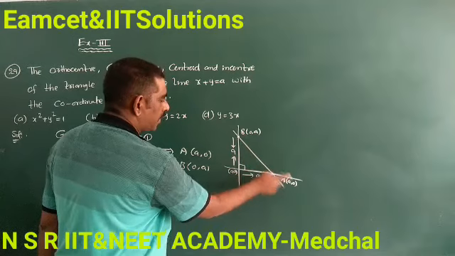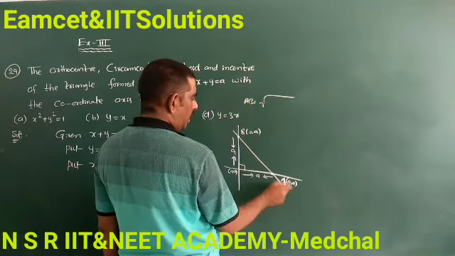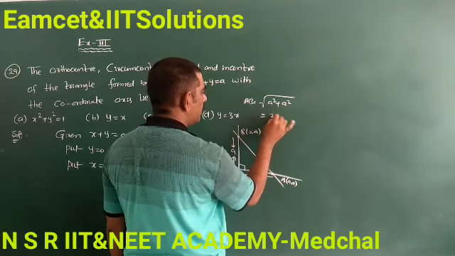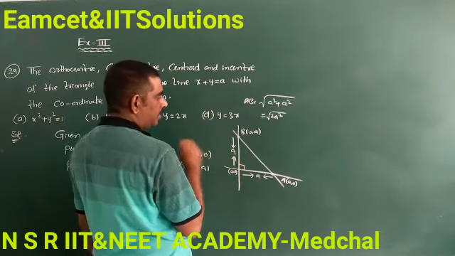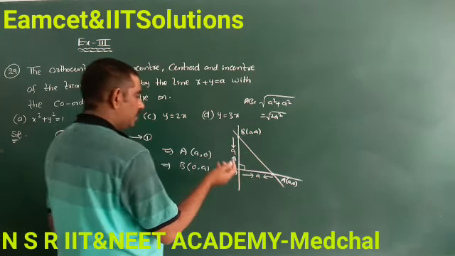So the distance of AB is square root of (a minus 0) square plus (0 minus a) square, we get root 2a square. So a square plus a square.